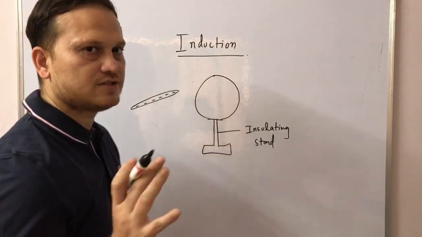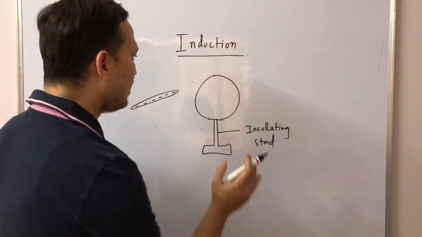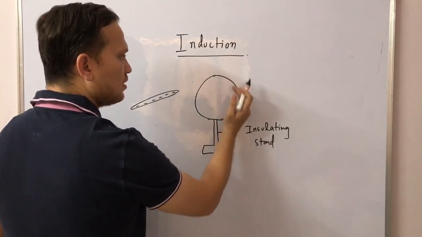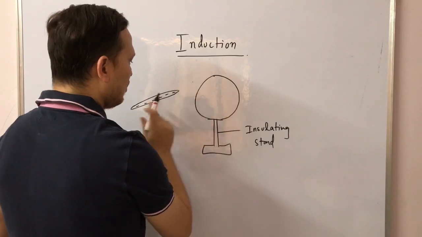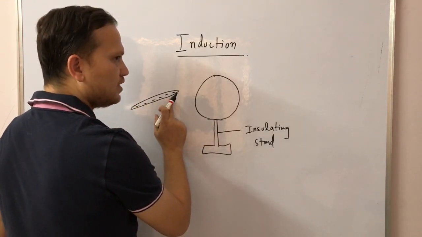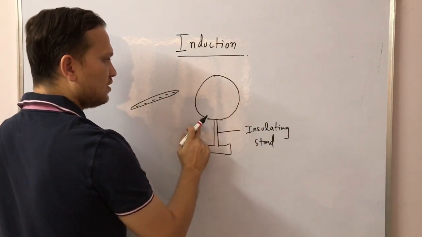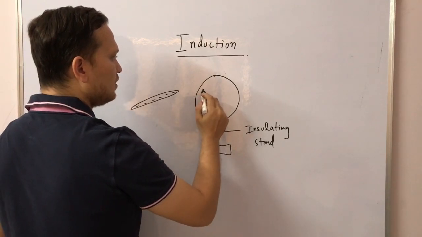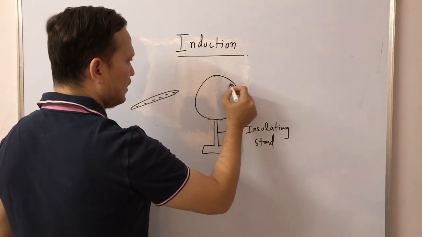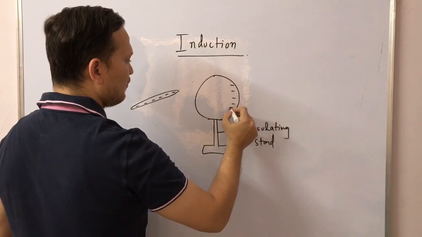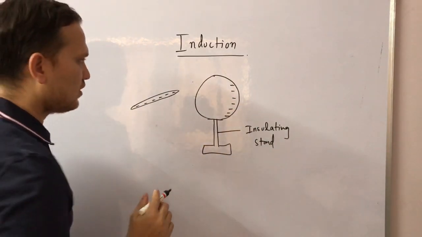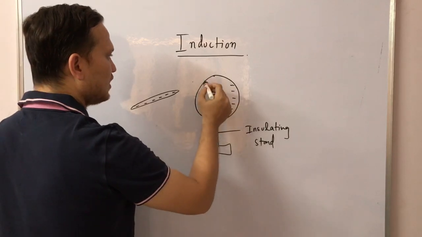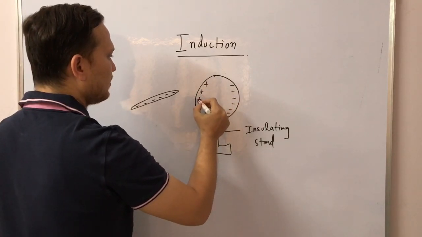Now here we have a single conductor. Now what happens to this part of the conductor and this part? When you bring this negatively charged rod near to this face, the electrons will transfer to this part, and here we have an excess of electrons, and because of that excess this part becomes negatively charged and this part becomes positively charged.